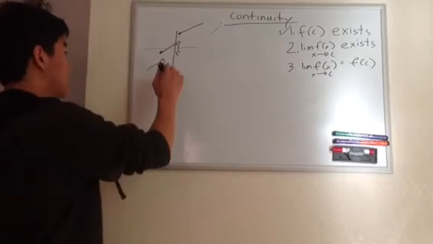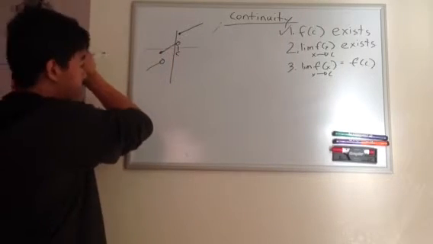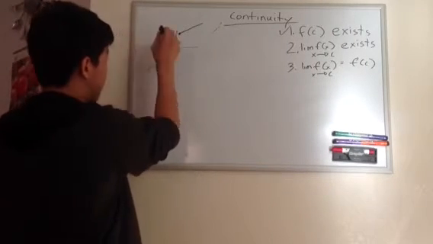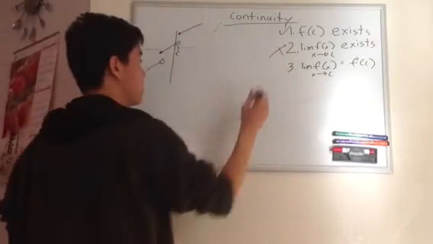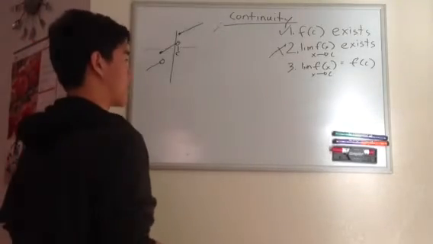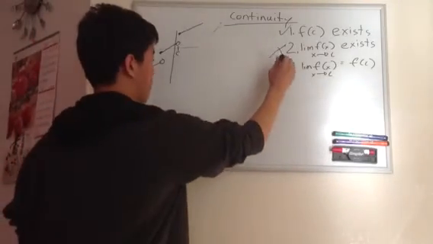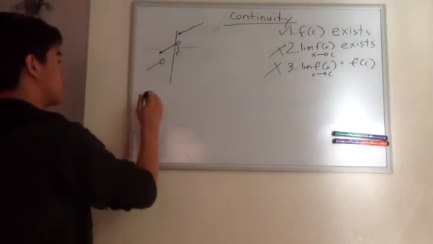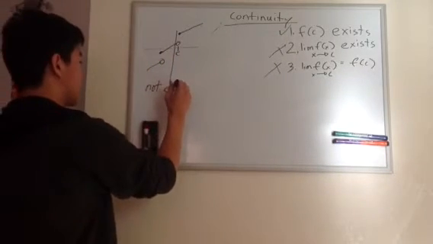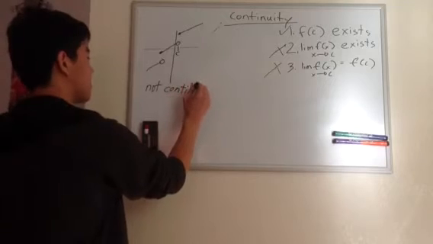Well, in this case it doesn't, because as you approach it from the left, the value is here, but as you approach it from the right, it's here. So this doesn't. Therefore, if there is no limit of f of x as x approaches c, they can't be equal. Therefore, we conclude that this graph is not continuous.